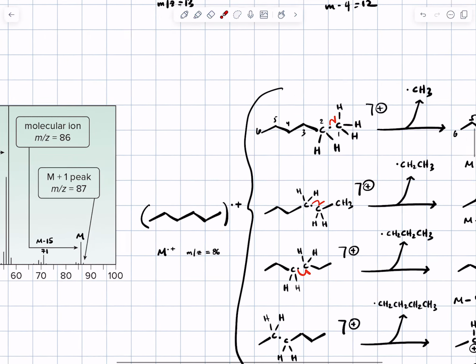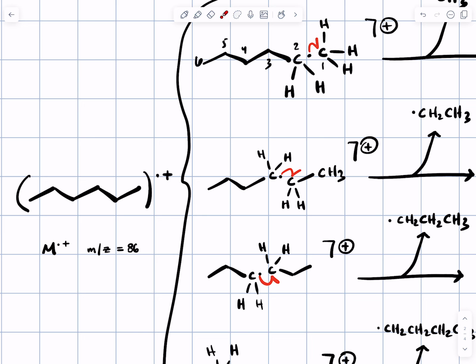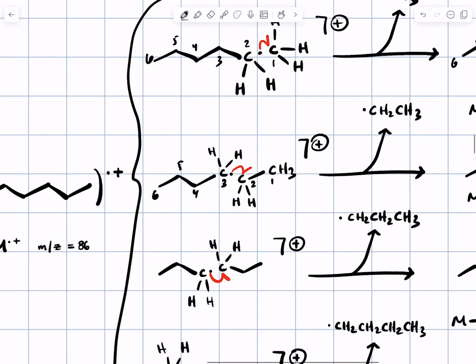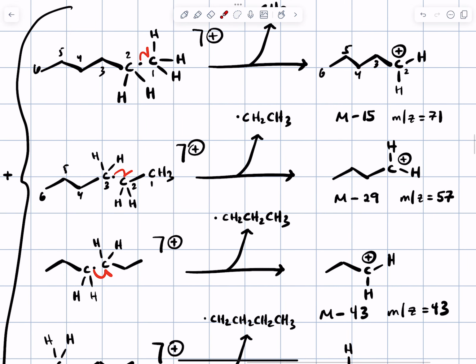More common, apparently, if you look at the number of observations, is for me to lose an electron from the bond between carbons 2 and 3. I don't know why that is. But then if you lose the CH2CH3 radical, you're left with this carbocation that comprises carbons 3, 4, 5, and 6, which should have an M over Z of 57.